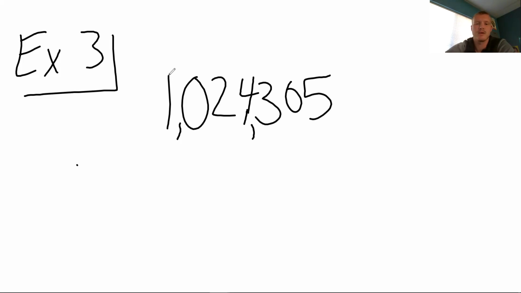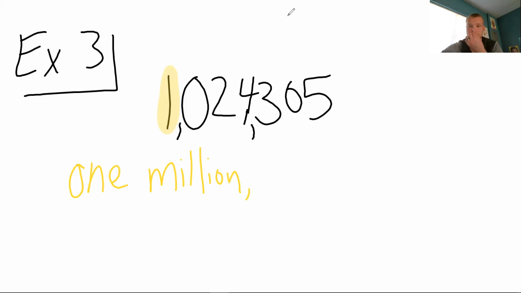So the 1, what place is that in? Yep, that's the millions place. So I'll write the number. So 1, you said it's in the millions place, so I'm going to write million. So 1 million, comma, because there's a comma right there.